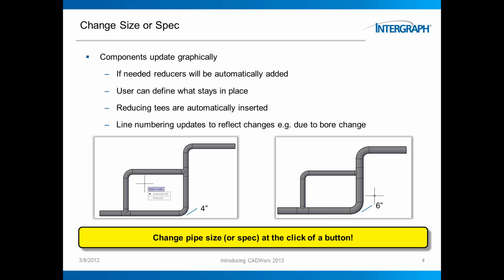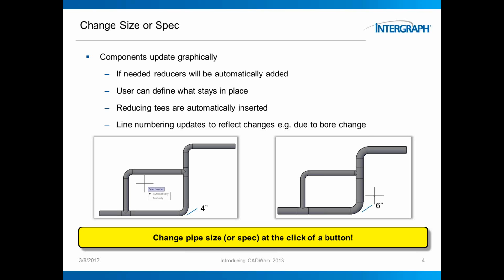So you can go in there and choose to change a size. The only thing you as a piping designer need to make sure is that, in order for it to change quickly, intuitively, and correctly, you have those same components in the other spec or size that you're changing to. And everything will change as you want it to occur.